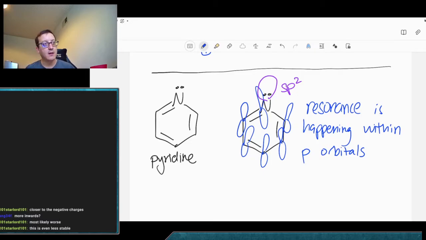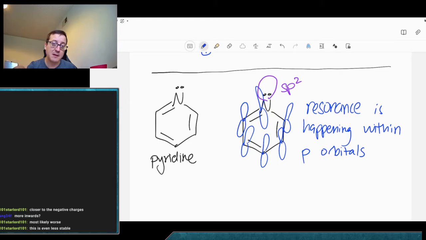That lone pair in nitrogen, though, is actually kind of chilling in an sp2 orbital. So it has the p electrons that are contributing to the double bond on its left, but that lone pair of electrons is pointing in the same plane as the rest of the molecule.